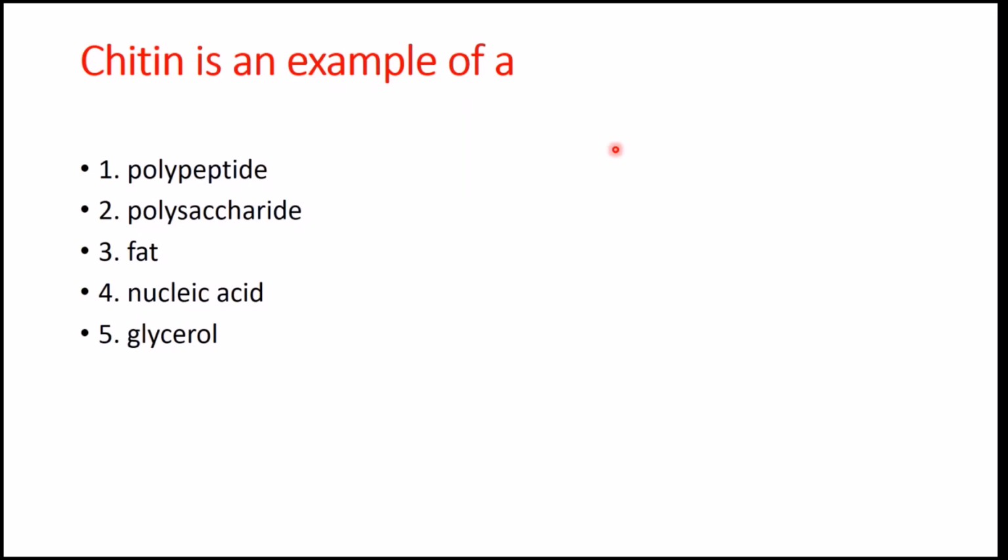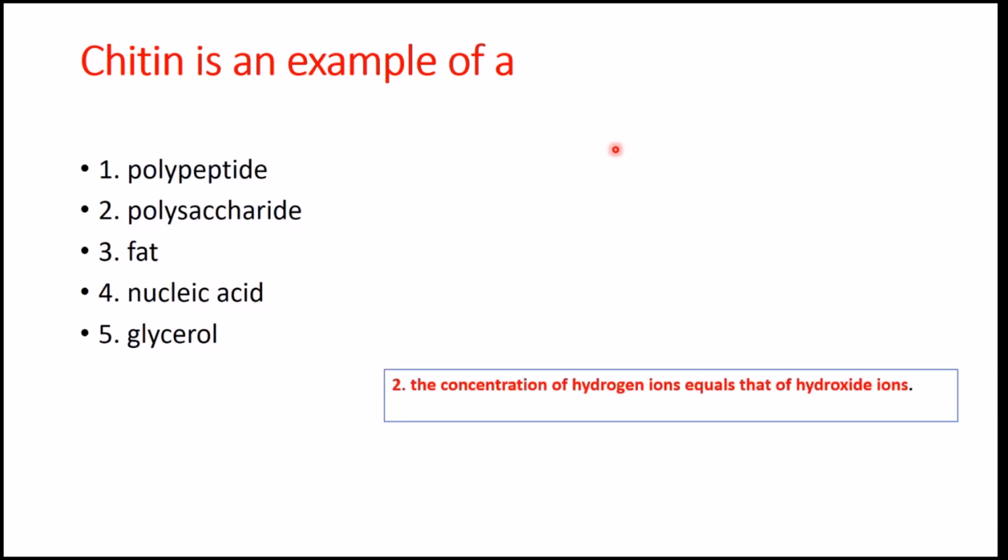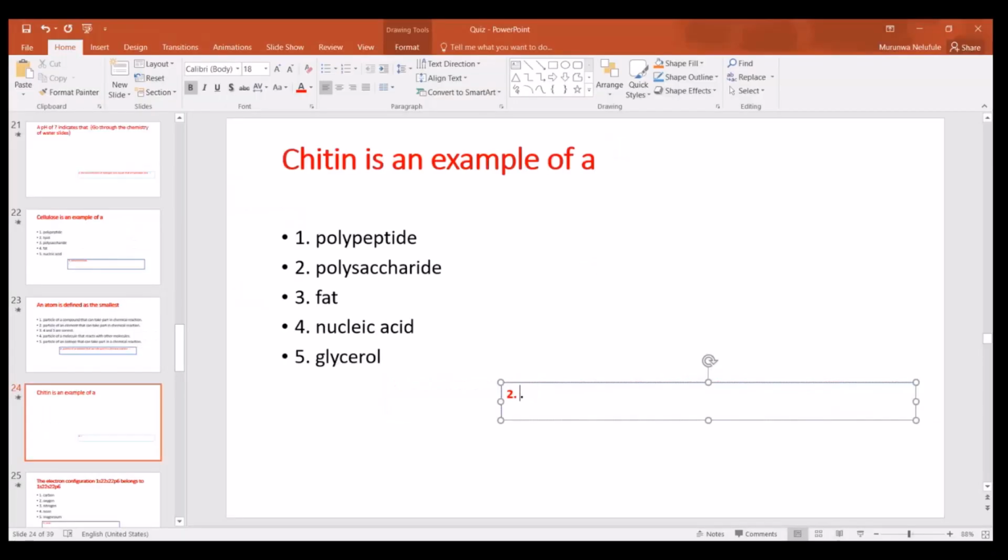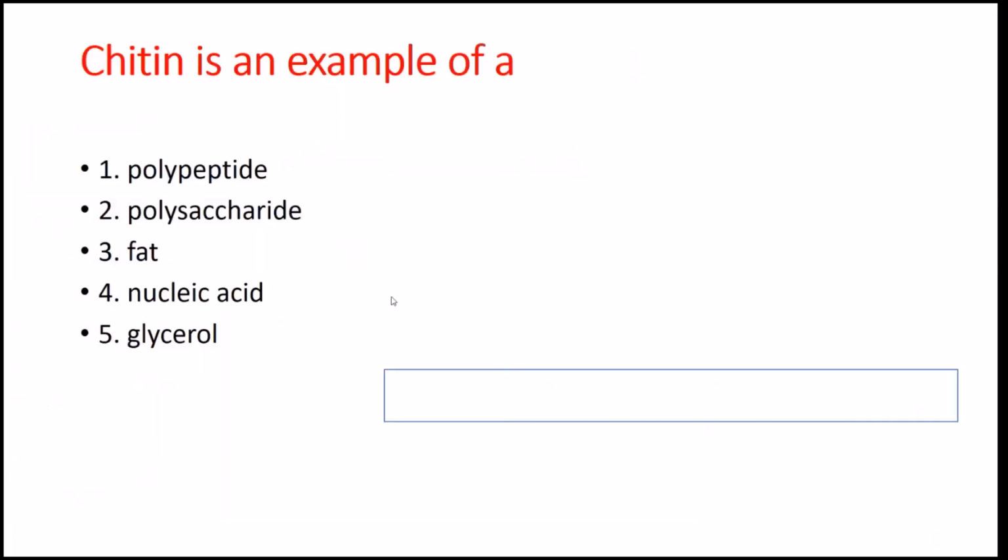It's a polysaccharide. No, I made a mistake here. This is not supposed to be there. Can you see that? Yes, we can. Do we agree it's polysaccharide, right? Yeah. There we go. It's a long chain polymer of glucose and the structural component of the cell wall.